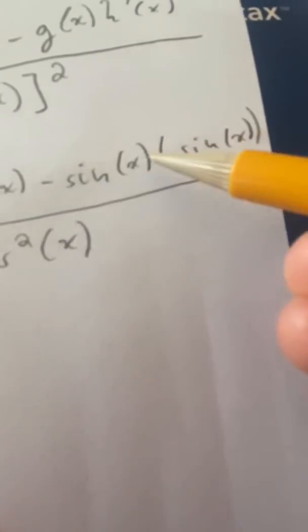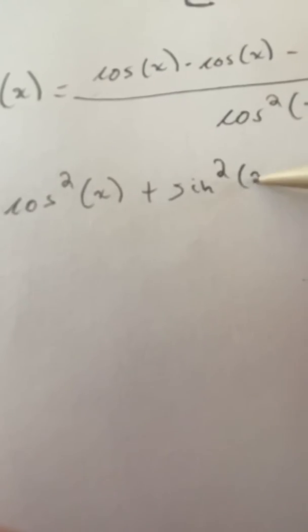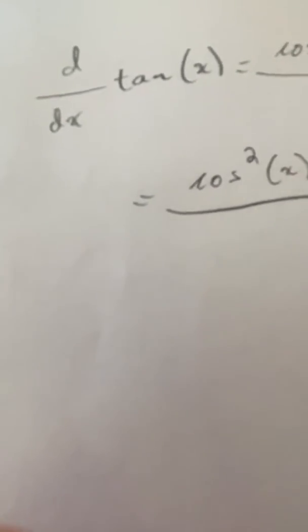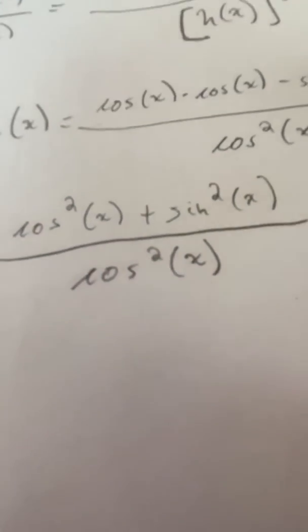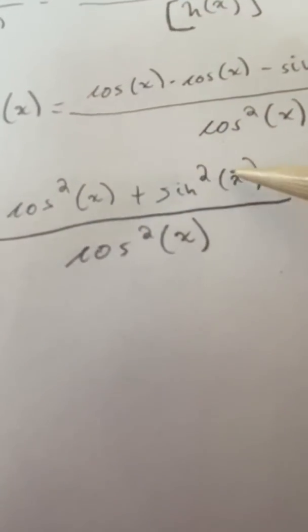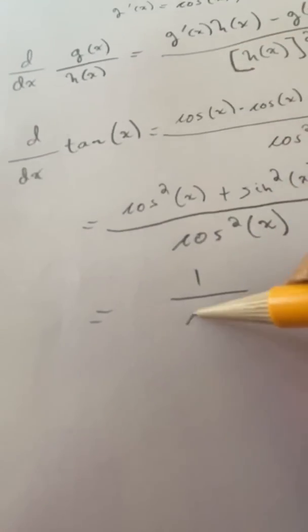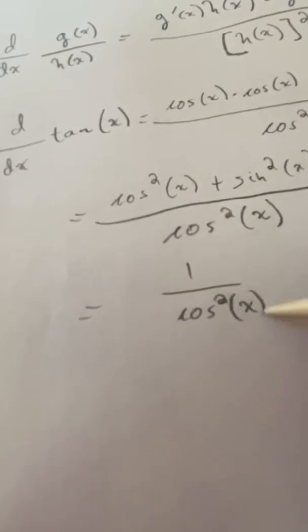But then we have these two negative signs, so this is going to be plus sine squared of x, and then all over cosine squared of x. Okay, so remember the trig identity, cosine squared plus sine squared, or sine squared plus cosine squared, equals 1. So then we can rewrite the numerator just as 1. So it's 1 over cosine squared of x.